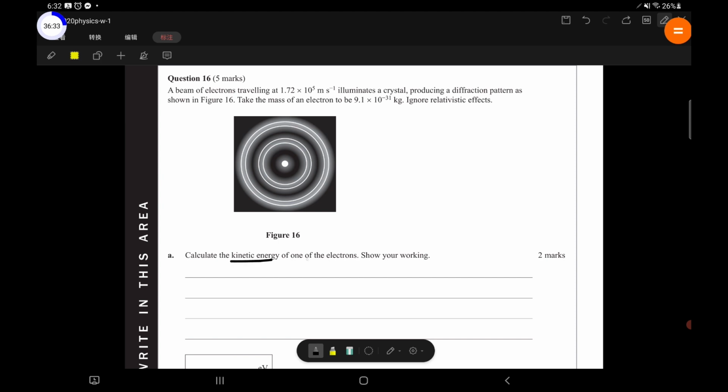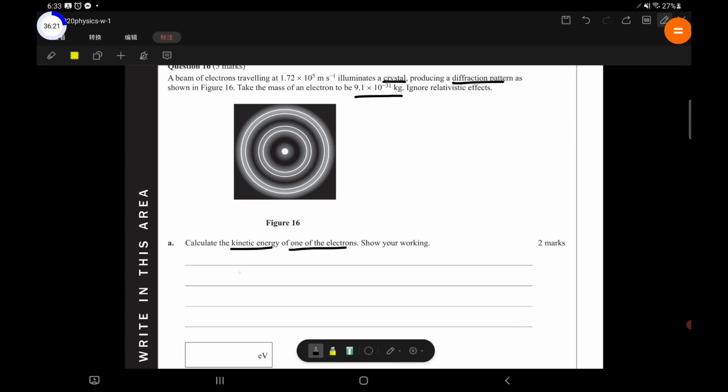All right, so calculate the kinetic energy of the electrons that are fired through a crystal, producing this diffraction pattern, as shown in this figure. We know the mass of this electron, so let's calculate this. The kinetic energy of anything really can be described in terms of its momentum as well.